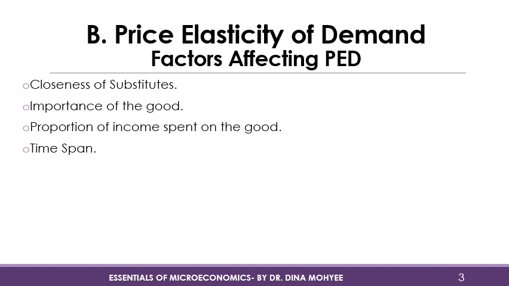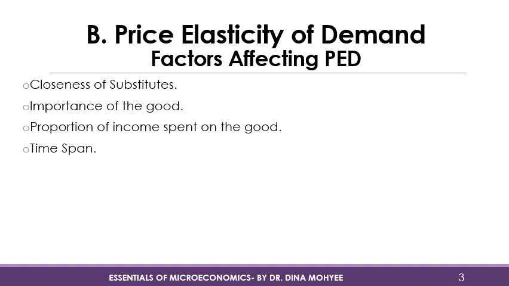Equivalently, the demand for a good becomes more price elastic, the greater the number of substitutes and the closer they are. In this respect, it is important to note that the degree of substitutability depends on how narrowly or broadly we define a good.